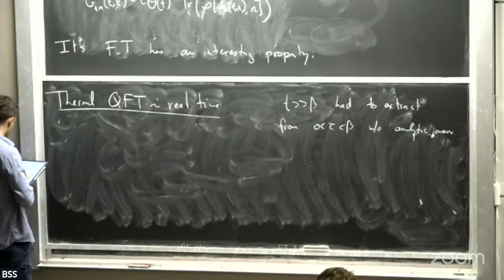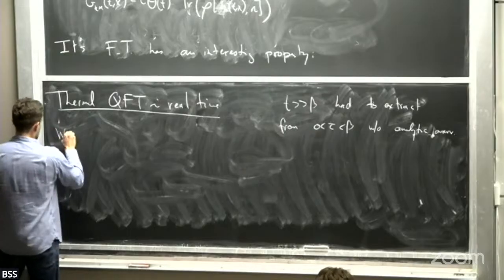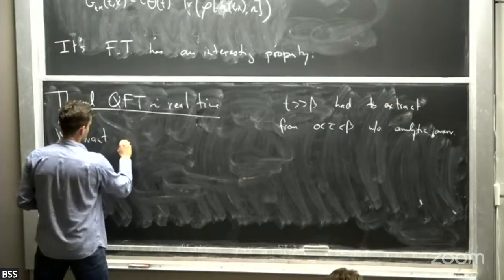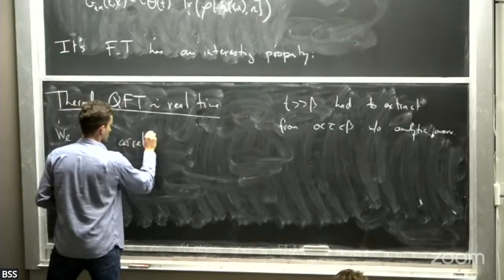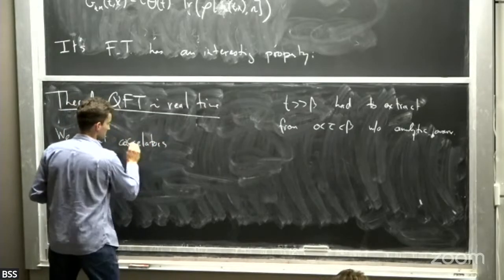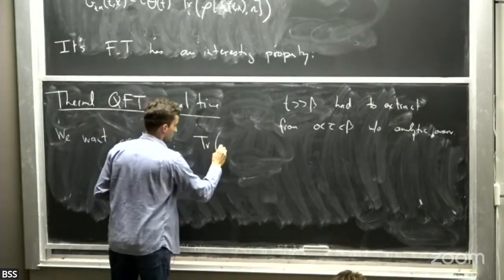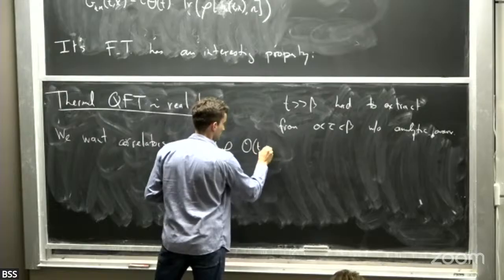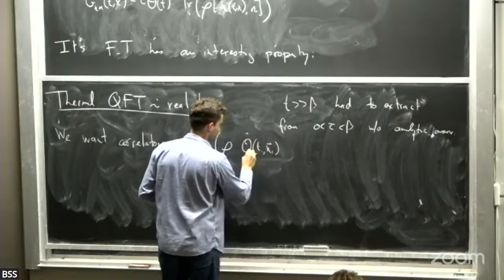Okay, so how does this work? We want correlators, functions in real time of various observables.